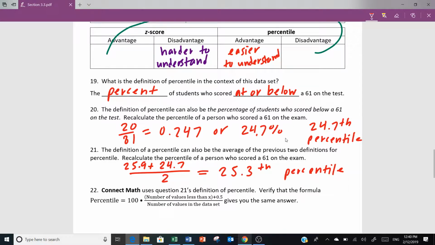This is the definition that Connect Math uses, but they use a shortcut formula instead. You look at the number of values less than, in this case, 61, add 0.5, and then divide by the total number of values. Let's use that last formula to see if we get the same thing.